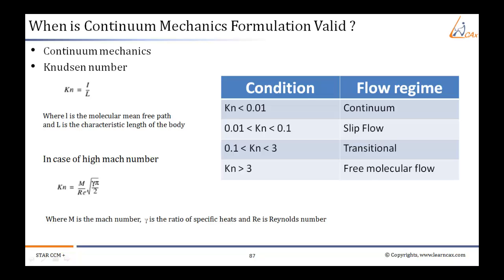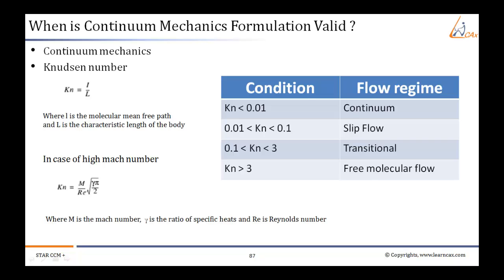For high Reynolds number, the Knudsen number is given by other formulation as shown. In this formula, M is the Mach number, gamma is the ratio of specific heats, and the Reynolds number Re is dependent on L.